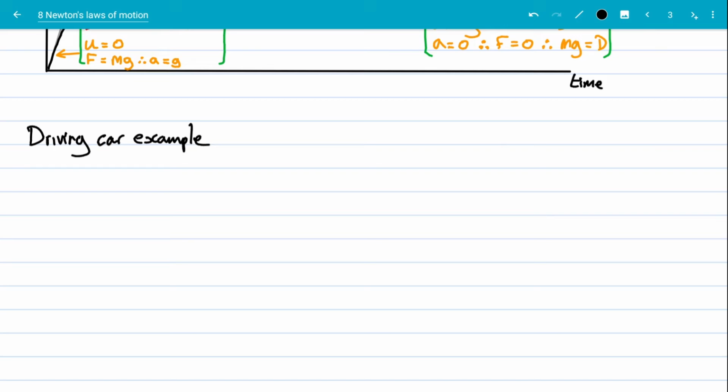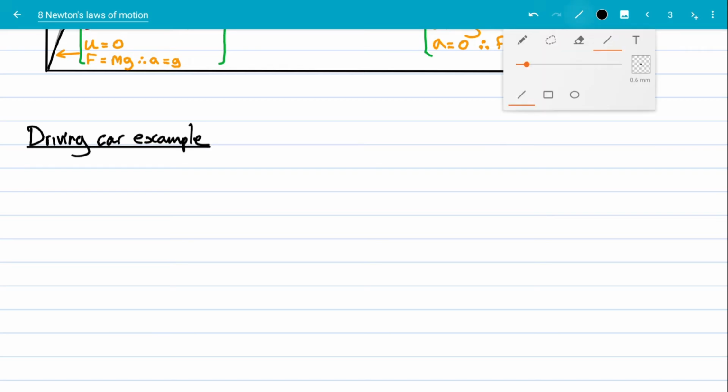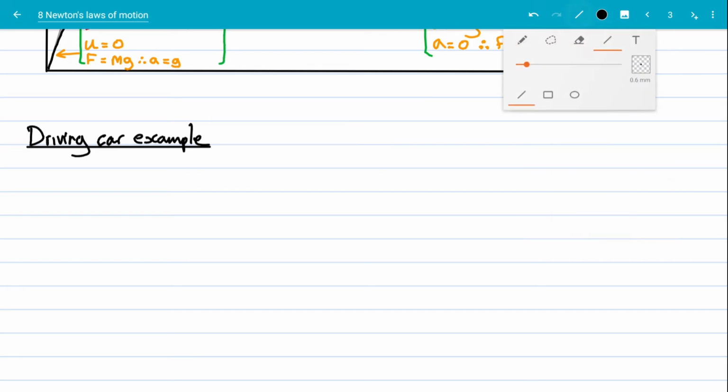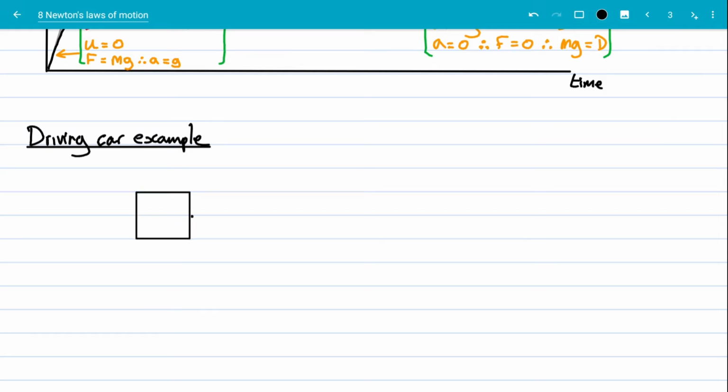Now, when we drive a car, the force from, let's say, the engine, to keep it simple, is going to be in the forward direction. So let's draw a very simple car. This looks more like a van, but that's fine. I can drive a van. There we go.